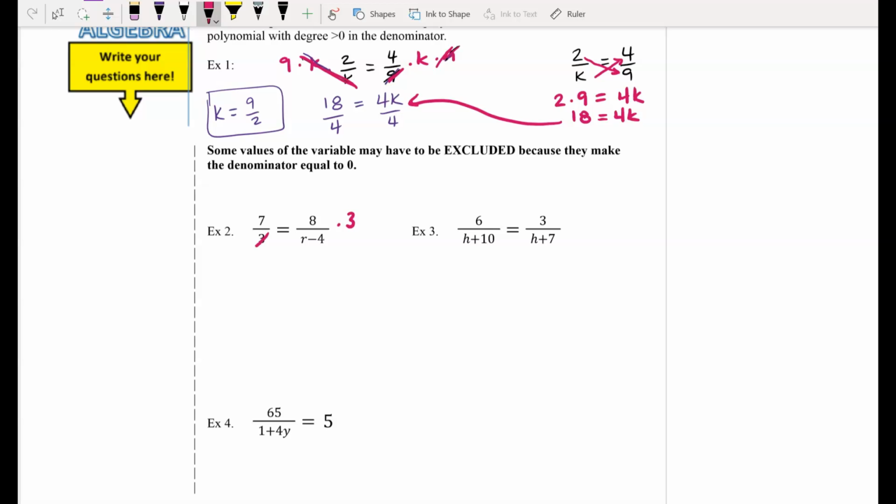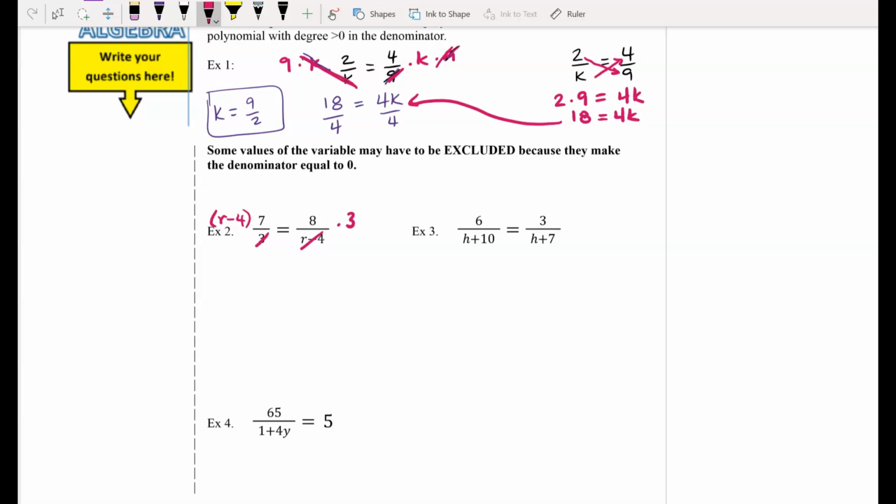I want to get rid of r minus 4, so I'm going to cross it off, and I'm going to write it on the other side of the equation. Now the fraction bar groups it in the original fraction, but since I'm taking it away from the fraction, I have to make sure that I group those terms together in parentheses. So that's the shorthand way to write your work.